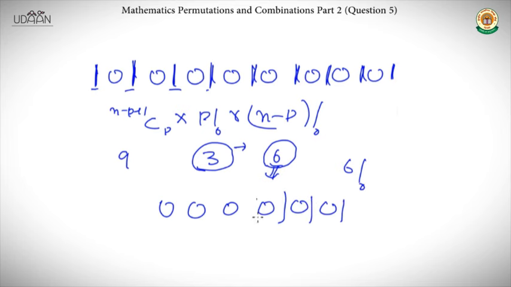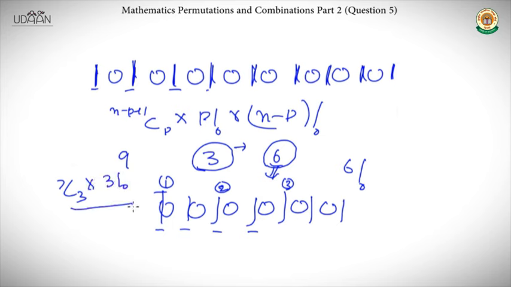Now we have 7 places, of which we have to choose 3 places so that mathematics students can be placed. We can choose 3 places in 7C3 ways, and then we arrange these 3 students in 3 factorial ways. So the total number is 7C3 into 3 factorial into 6 factorial.